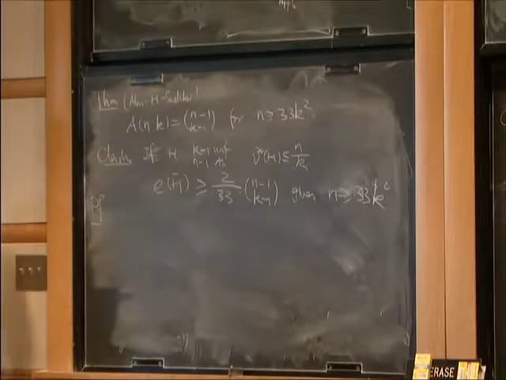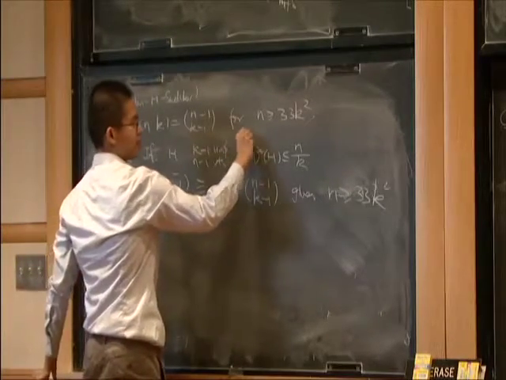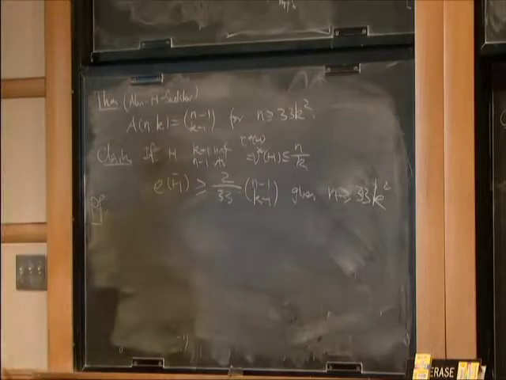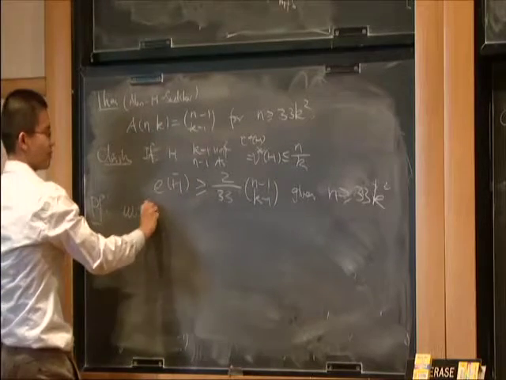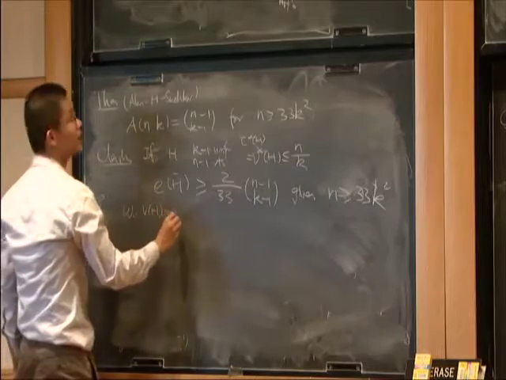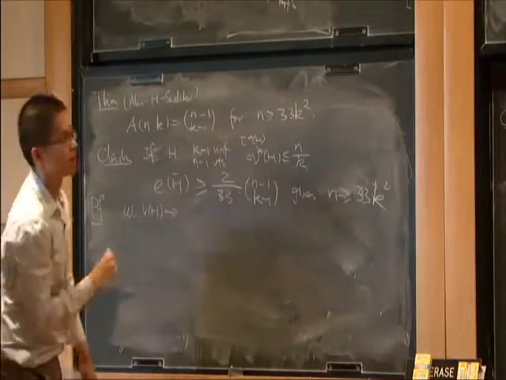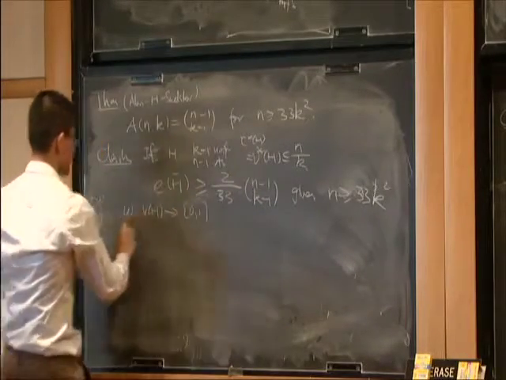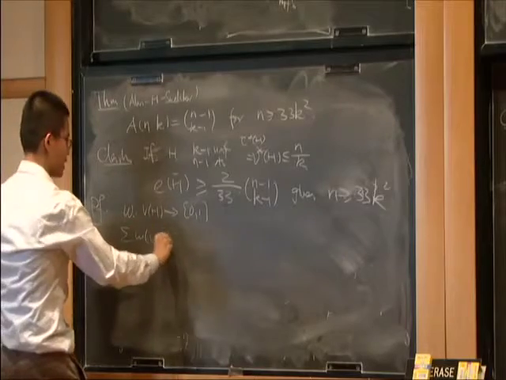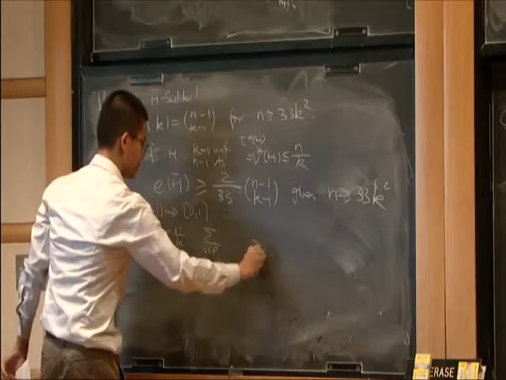Now, you remember that not only is the fractional matching number smaller than that, the fractional covering number is also smaller than it. So first of all, we have a weight function from the vertex set to 0, 1, where the sum of the weights is at most n over k, and for every edge, the weight is at least 1.